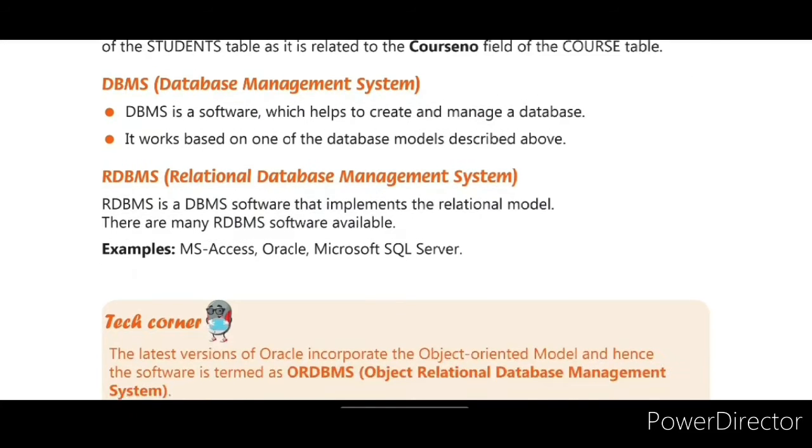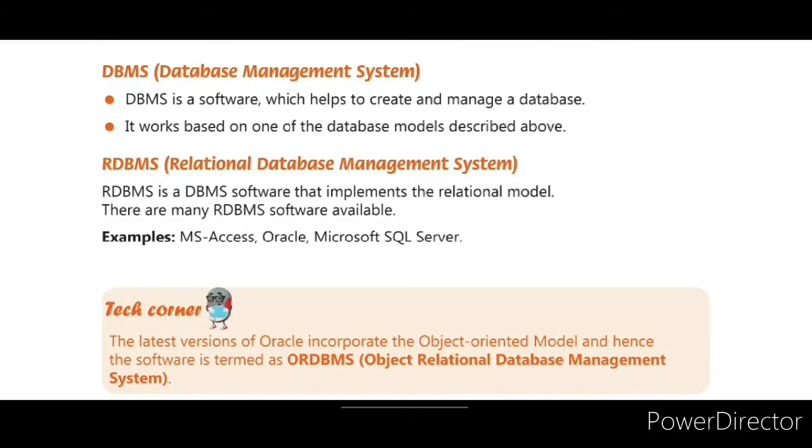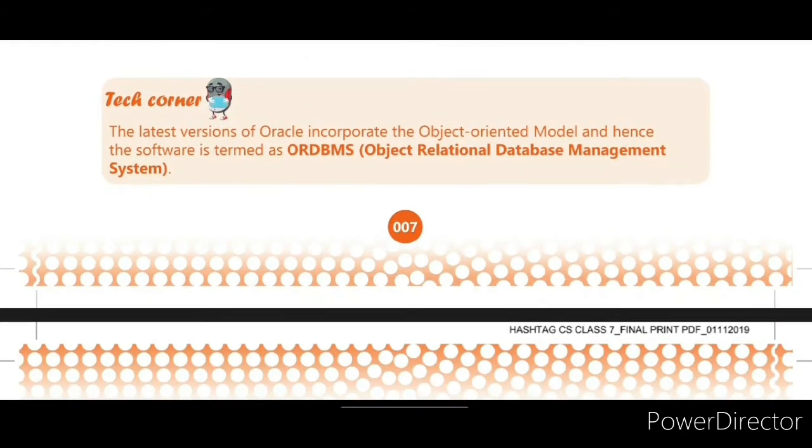So what is an RDBMS? A Relational Database Management System is DBMS software which implements the relational model. For example, MS Access, Oracle, Microsoft SQL Server. See this tech corner: the latest version of Oracle incorporates the object-oriented model, so it is called an Object Relational Database Management System.